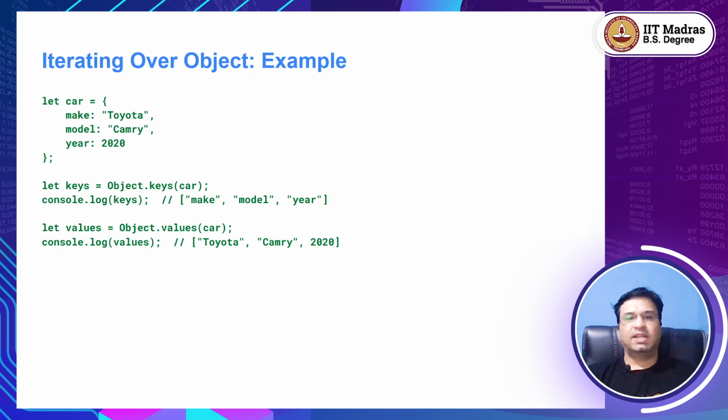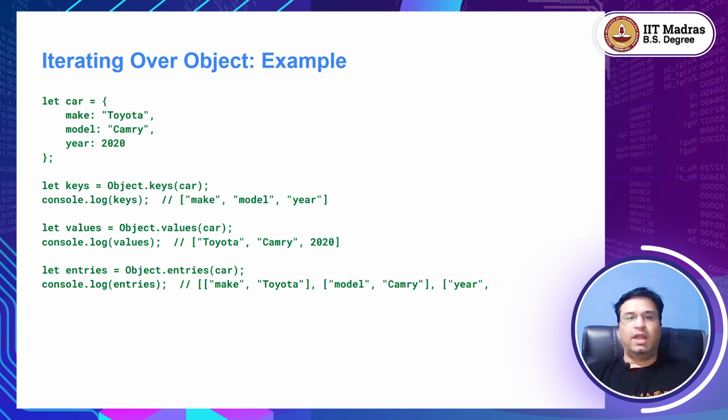Object.values returns an array of an object's own values. Here Object.values(car) returns an array containing only the values from the car object: Toyota, Camry and 2020. And the Object.entries method returns an array of an object's own string-keyed property key, value pairs.